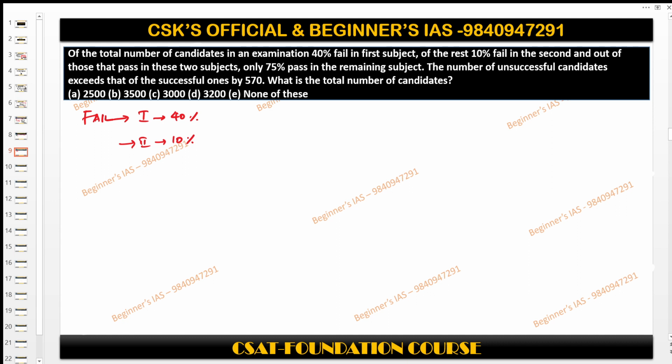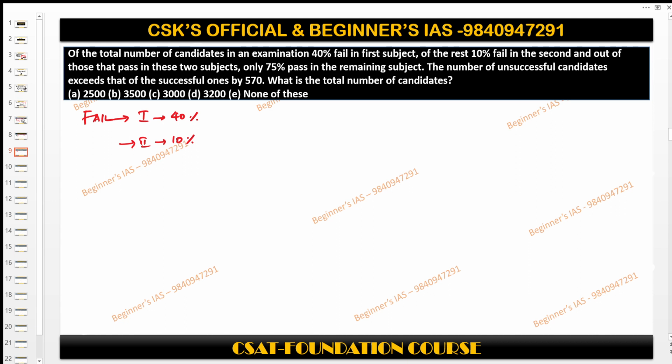So I have provided one shortcut previously. Anybody remember that shortcut? Sir, 25% represents 570. Okay, what is the final answer? 2280. 2280 is wrong.